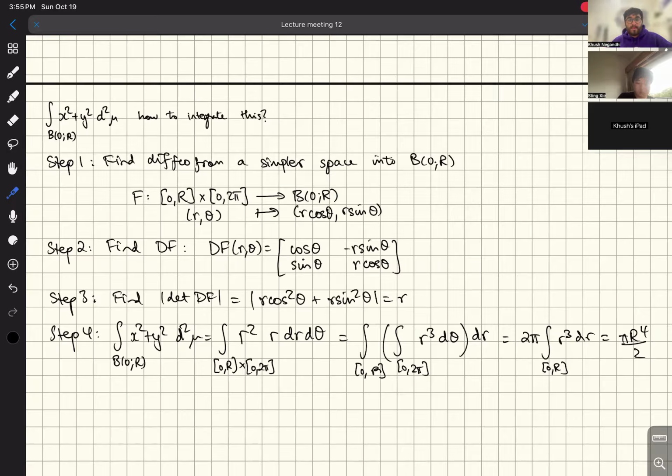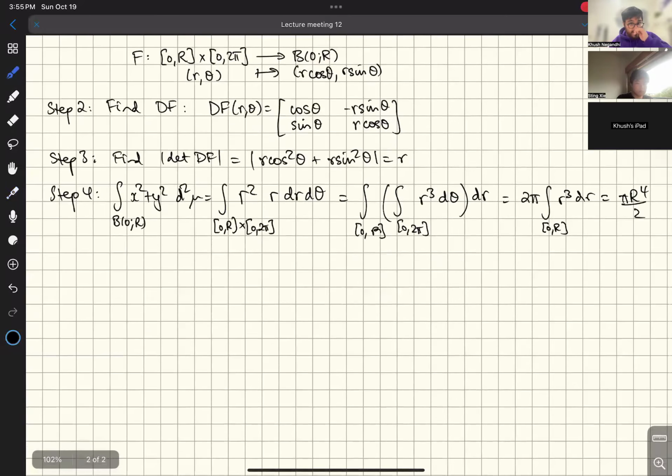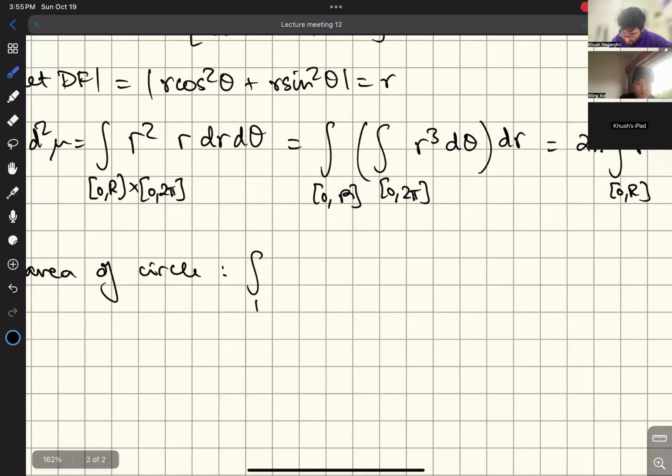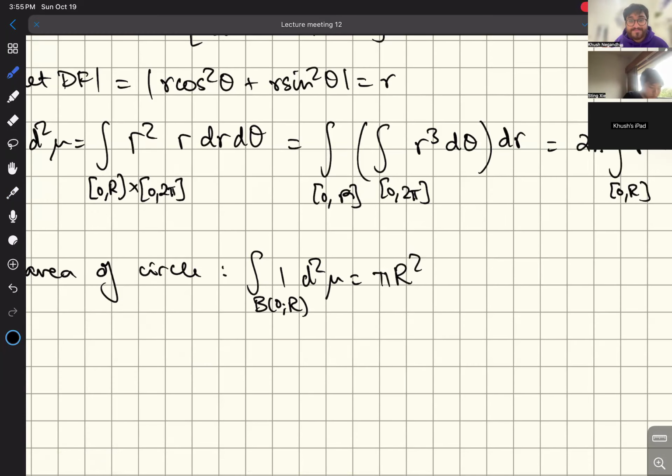Yeah. Okay. We can also compute the area of a circle. This I'll leave as an exercise because I've already taken a lot of time. Try to see how you can use this to show how you can change a variable to get this.